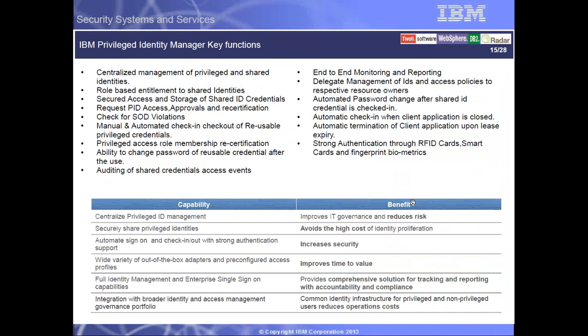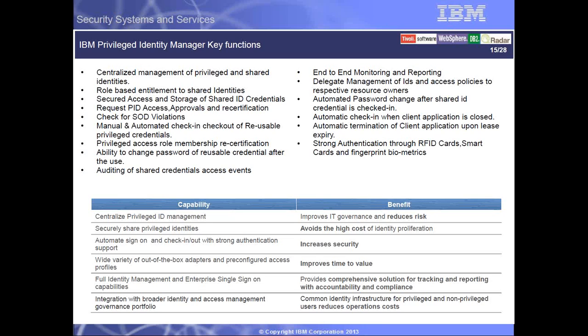Okay, next slide. We're talking about key functions. Centralized management of privileged and shared identities helps because you have an inventory of all the IDs across the environment in one place.